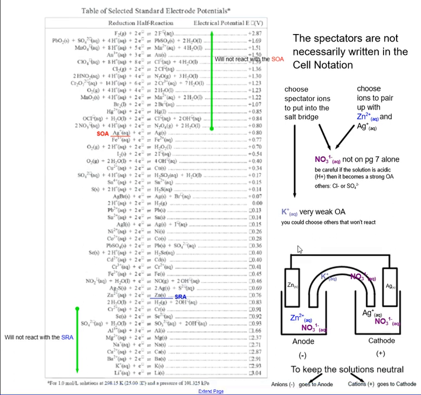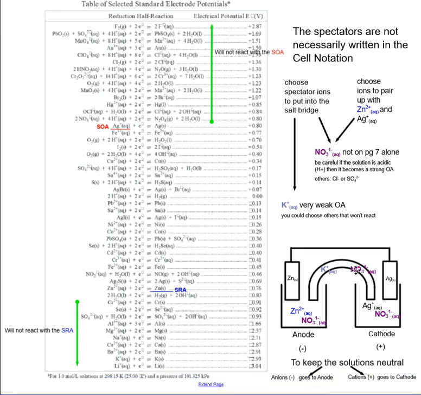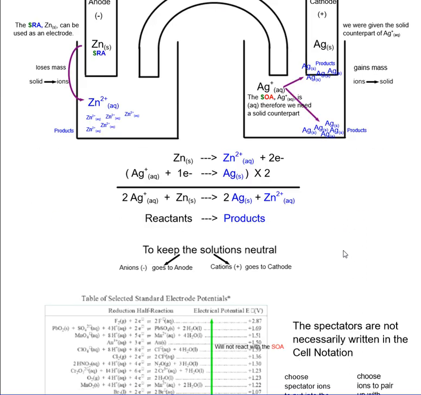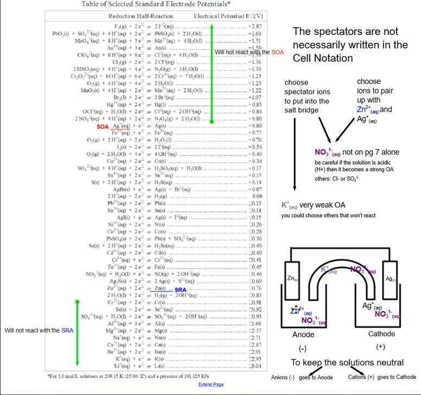So to summarize everything, okay, in our salt bridge, we have potassium ions. We said that the anode became more positive and the cathode became more negative. If the anode became more positive, these nitrates then will start to move through the salt bridge to the anode side.